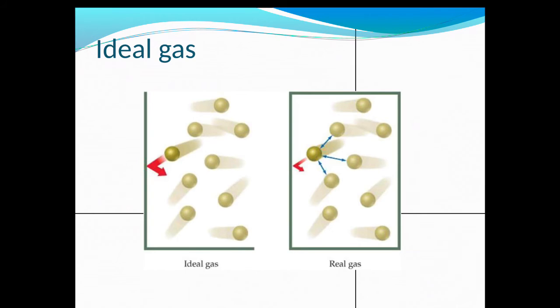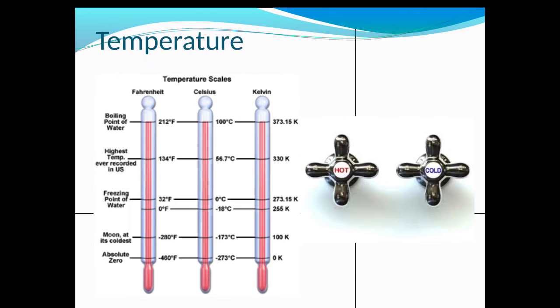All right. Okay, temperature. I have a hot and cold little picture there, but that is not what temperature means scientifically, right? The hot and cold is our brains making this stuff up, right? What you feel as hot, maybe I don't feel as hot. What you feel as cold, maybe I don't feel as cold. So that's a mind thing, right? What temperature is, it measures the amount of kinetic energy that an object has.